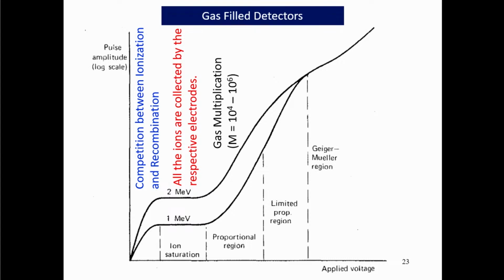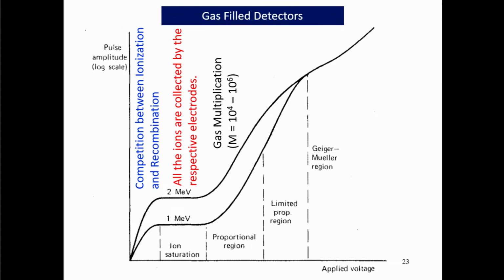Beyond a further certain applied voltage, the energy dependence diminishes. Whether it is the same radiation of different energy, or one is alpha and one is beta, it does not matter. Beyond this voltage, there is no difference. Whatever radiation comes and makes some ionization produces some signal, but it is not able to distinguish them.